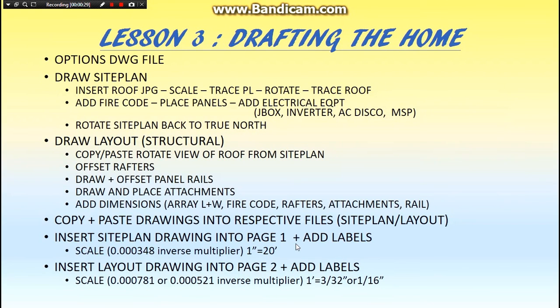Then in this lesson 3, we worked in the options drawing file. That's the working file. And we drew our site plan. We drew our layout. Copy and pasted each of those drawings into their respective files, their own file. One for the site plan, one for the layout.